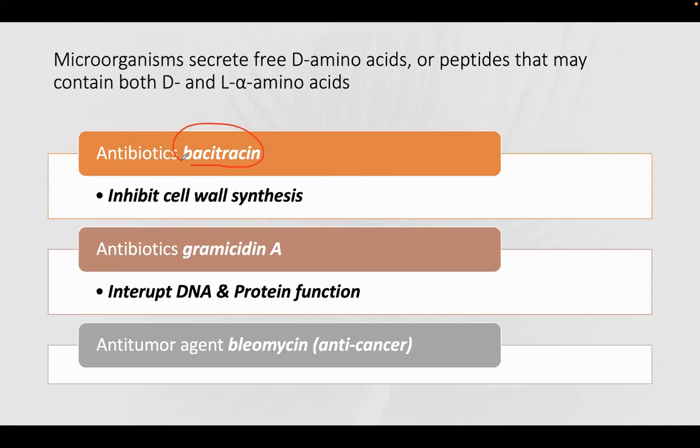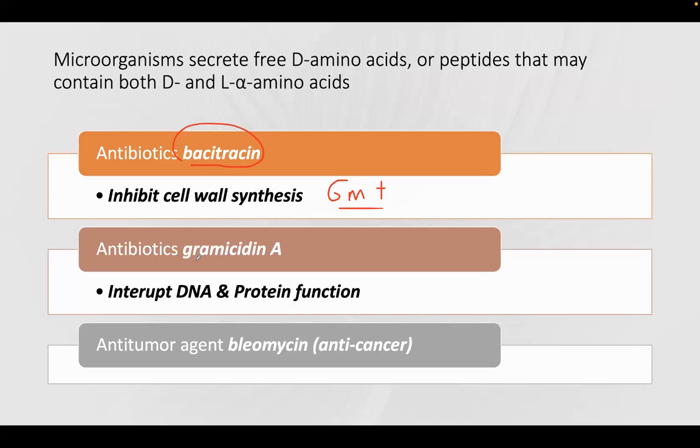Bacitracin is a very common antibiotic which is used in our antibiotic sensitivity testing. The mechanism of action of bacitracin is to inhibit cell wall synthesis. By inhibiting the cell wall, particularly of gram-positive organisms, this is how the bacteria with a gram-positive cell wall will die.